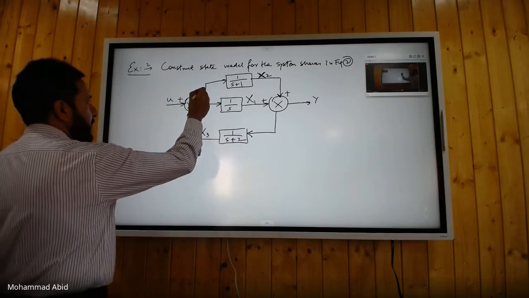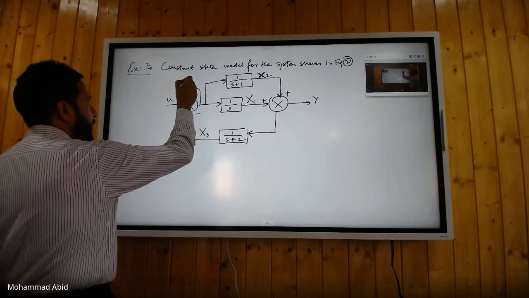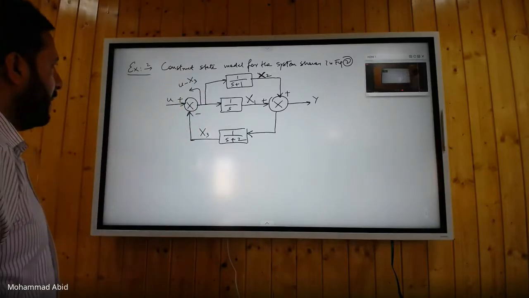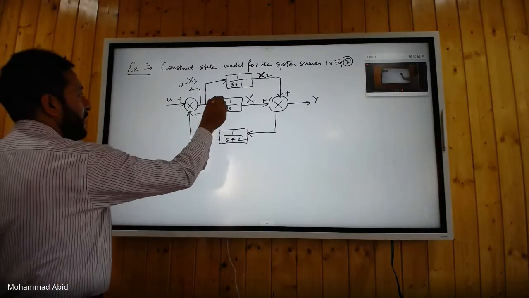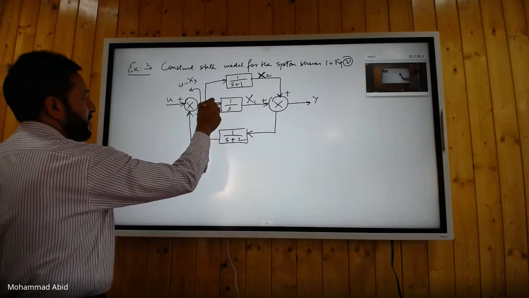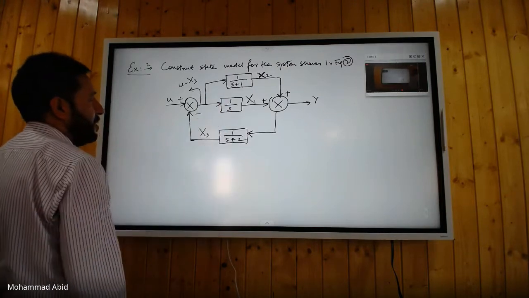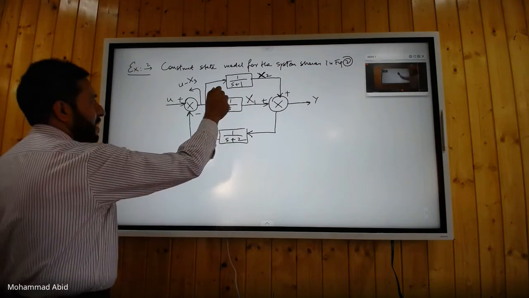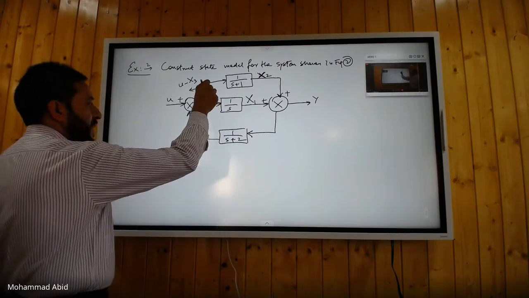This signal here is u minus x3. And this is also equal to, because this is 1 upon s here, x1 dot. Because if this is x1 and there is 1 upon s here, this must be x1 dot.